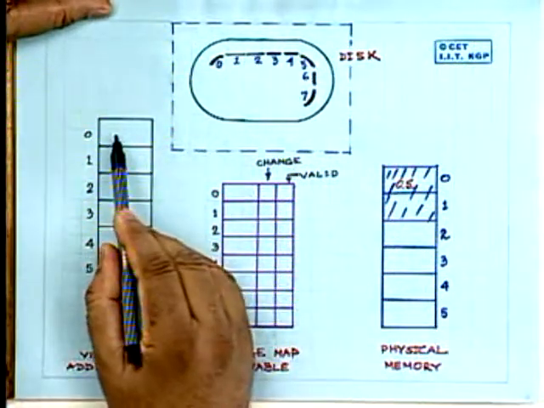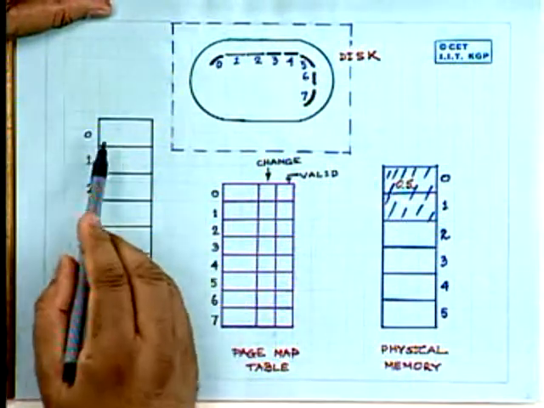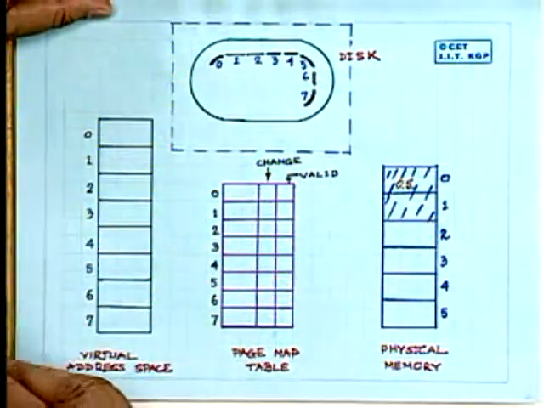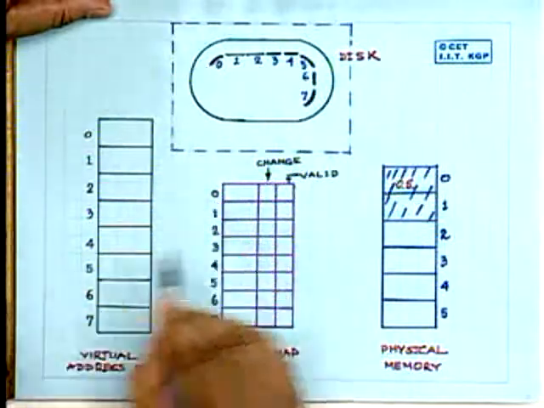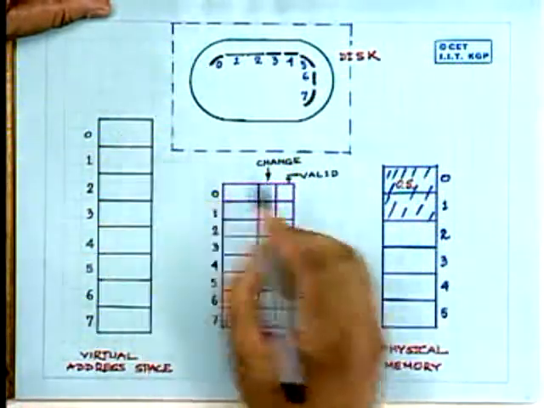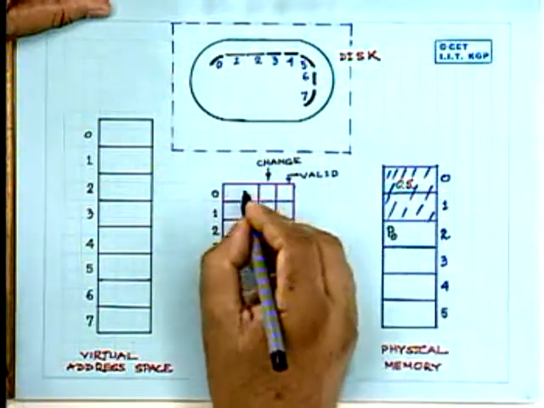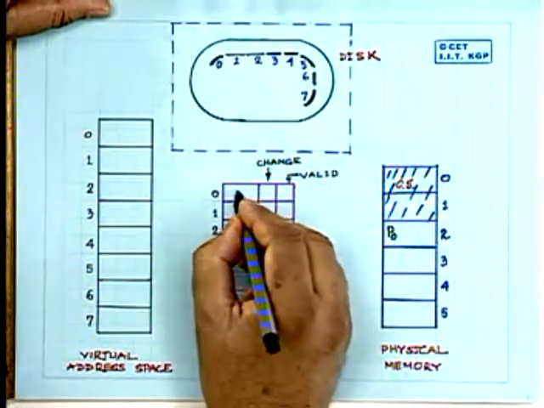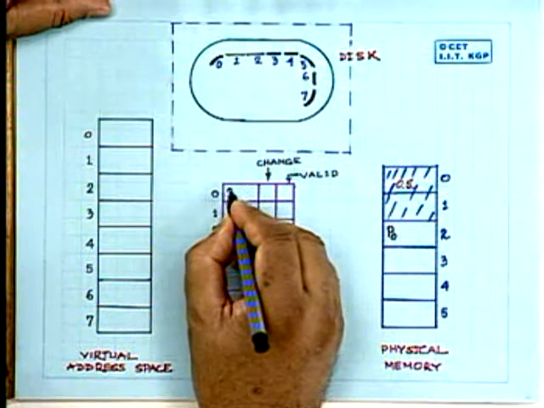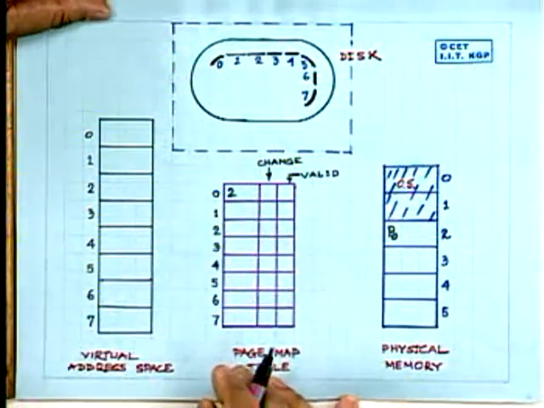Say the process starts executing in page 0. Say that page 0 is loaded into frame 2, and therefore the page map table will contain 2 here.